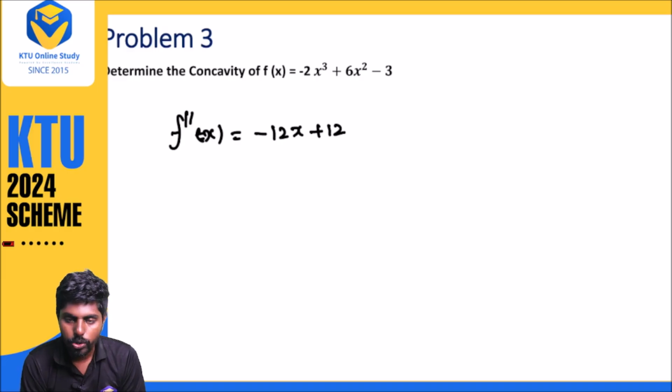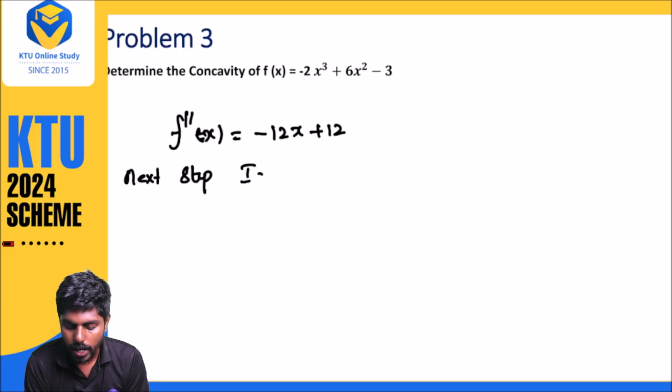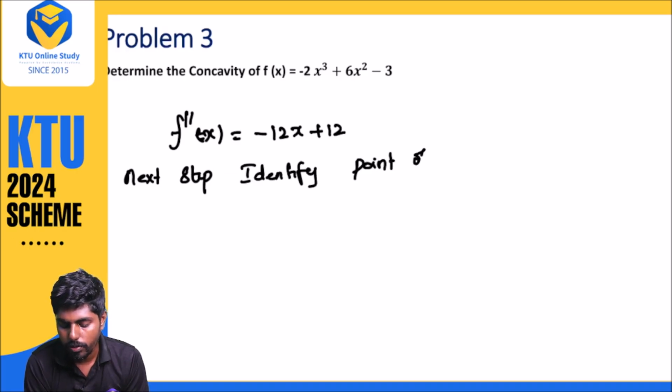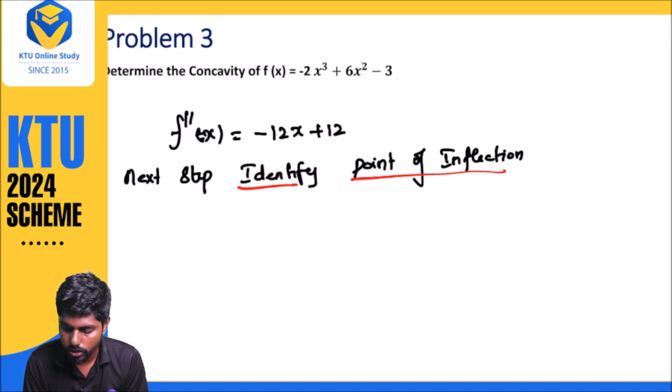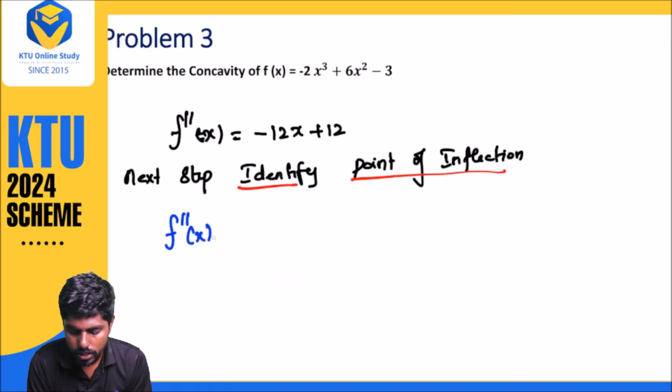Now we want to identify the point of inflection. Point of inflection means f double dash of x is equal to 0.